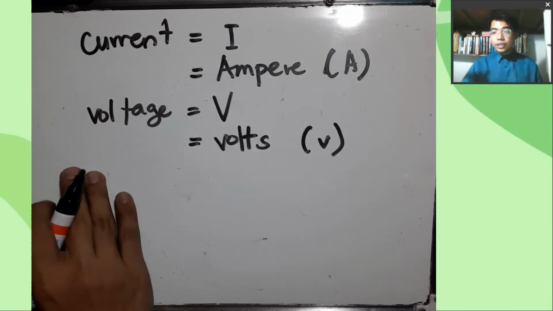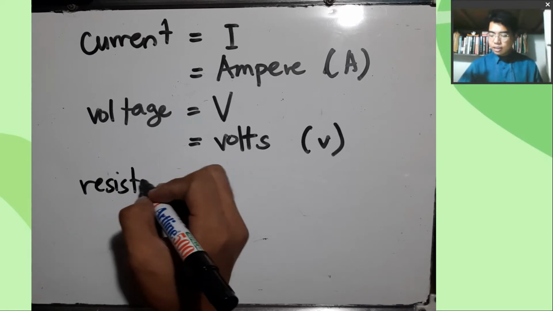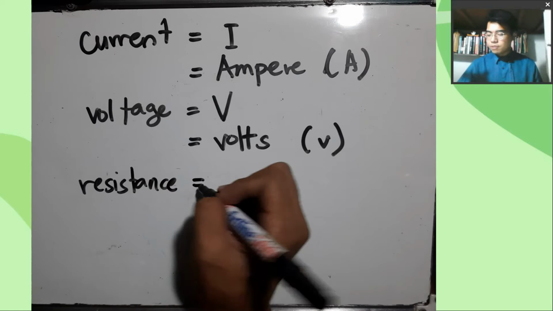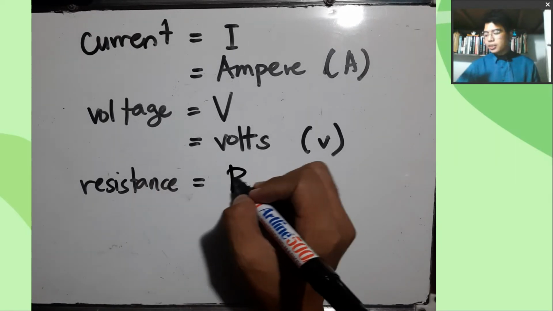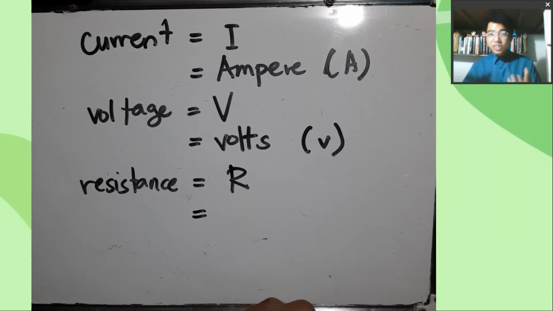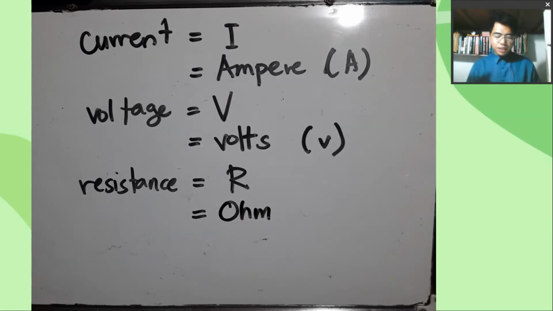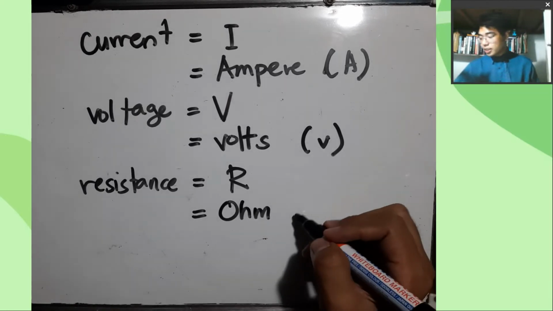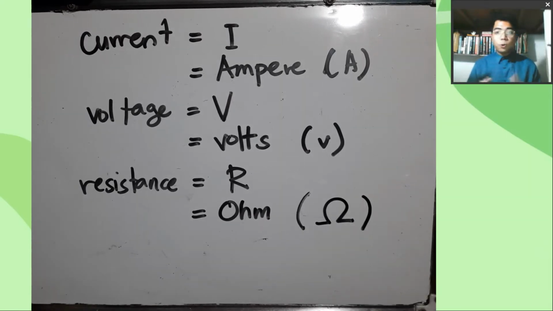Other than current and voltage, there is also the concept of resistance, just like what I mentioned in the first video discussion. Resistance is represented by capital letter R, and the unit for resistance is from George Simon Ohm, known as the ohm. It is represented by the Greek letter omega, or the horseshoe.